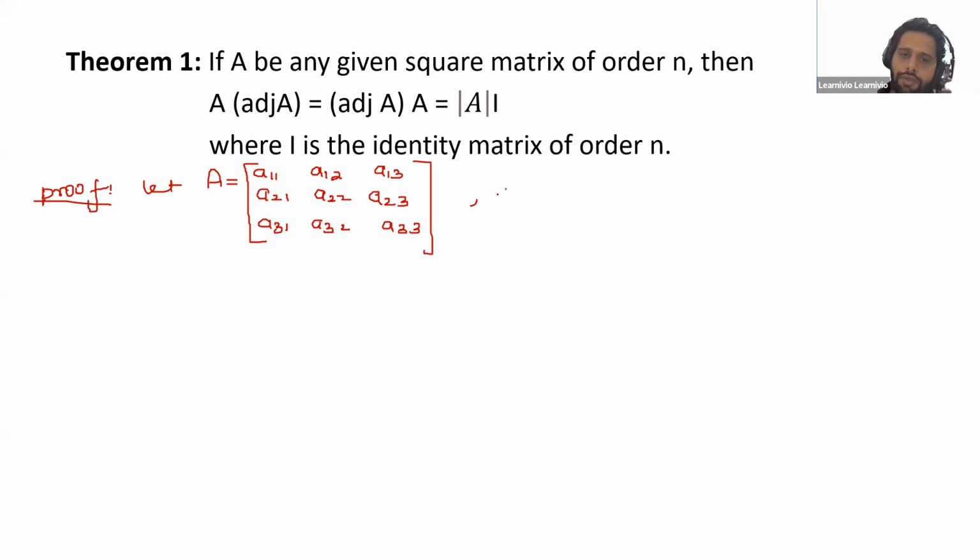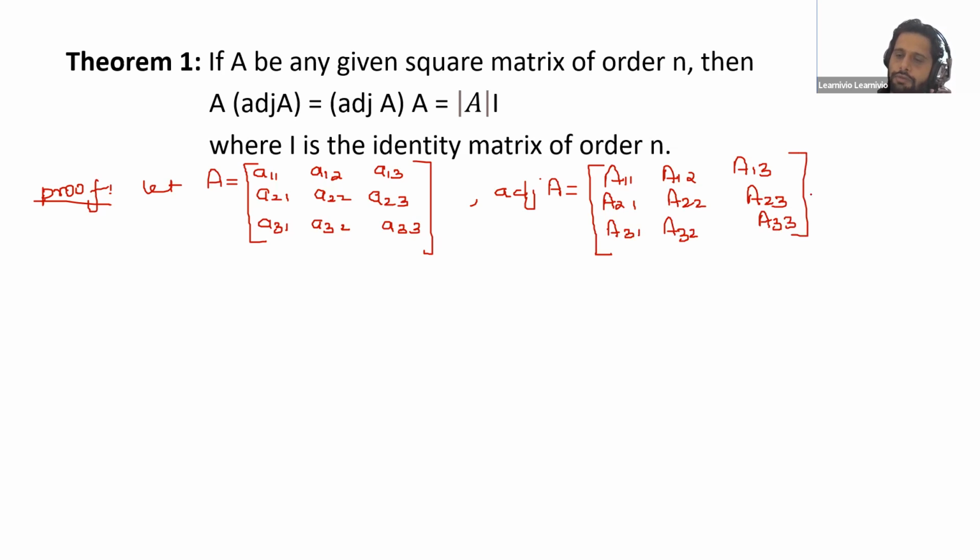Now adjoint of A is equal to what? The transpose of the cofactor matrix. Just write the cofactors here: A11, A12, A13, A21, A22, A23, A31, A32, A33, and find the transpose of this.